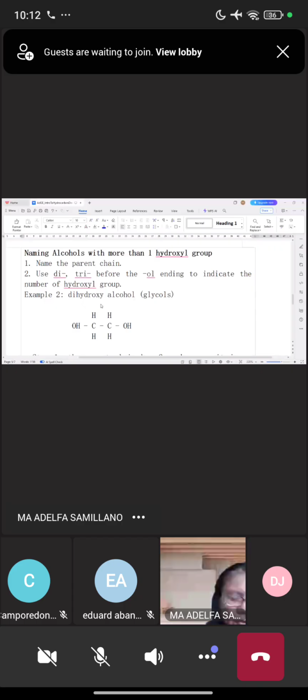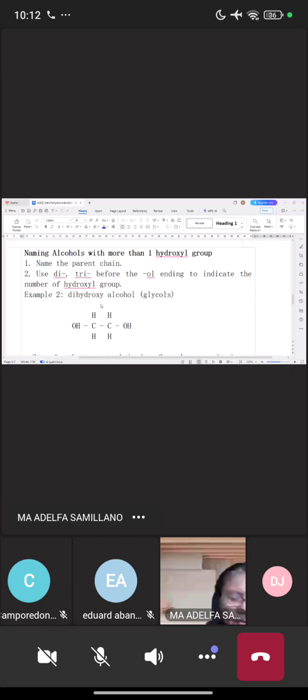So for today, we name alcohols based on the number of hydroxyl groups present in the molecule. If there are two hydroxyl or OH groups, you use di, and when you have three hydroxyl groups, you use tri. As we gave last Friday, the ending of the name for our alcohol is either the word alcohol itself, or we append the suffix ol after the prefix di or tri.